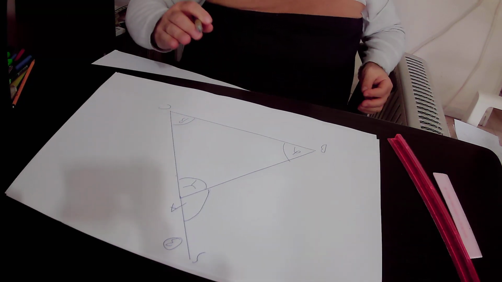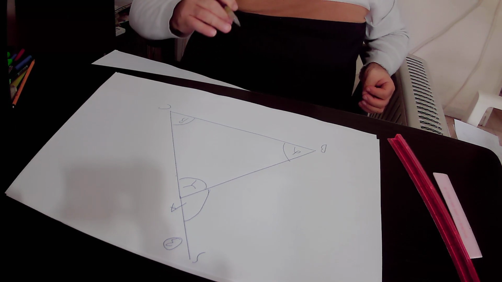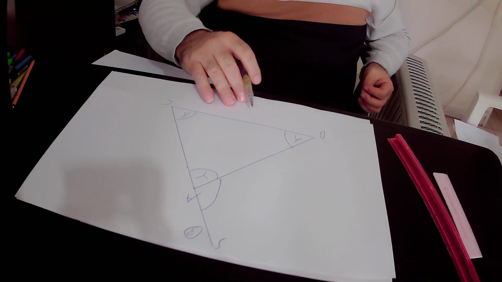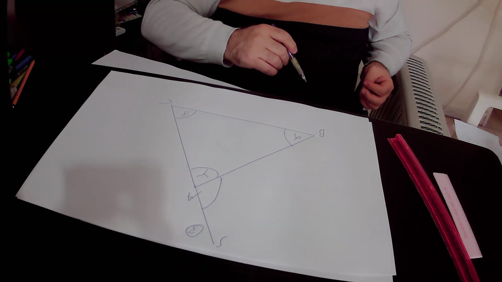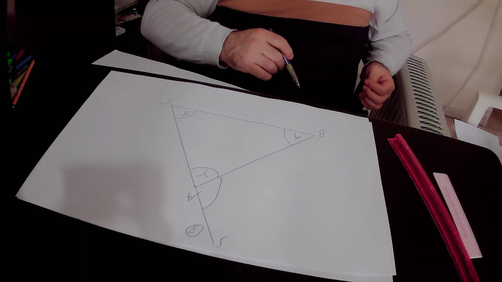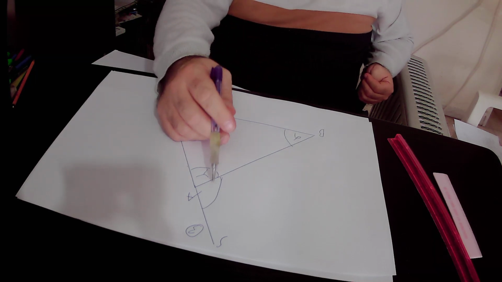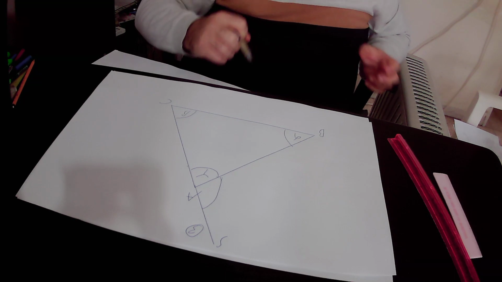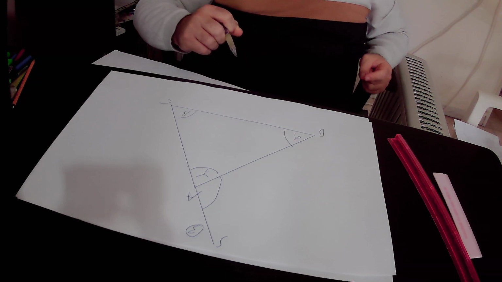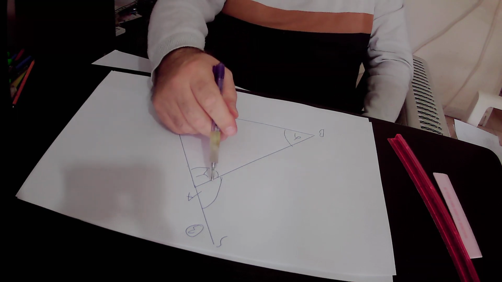And according to rule number 4, an exterior angle of a triangle, that is to say angle SAB, is equal to the sum of the two angles that are not adjacent to it. The exterior angle SAB, this angle, is equal to the sum of the two angles that are not adjacent to it. So which angles are not adjacent to this angle?